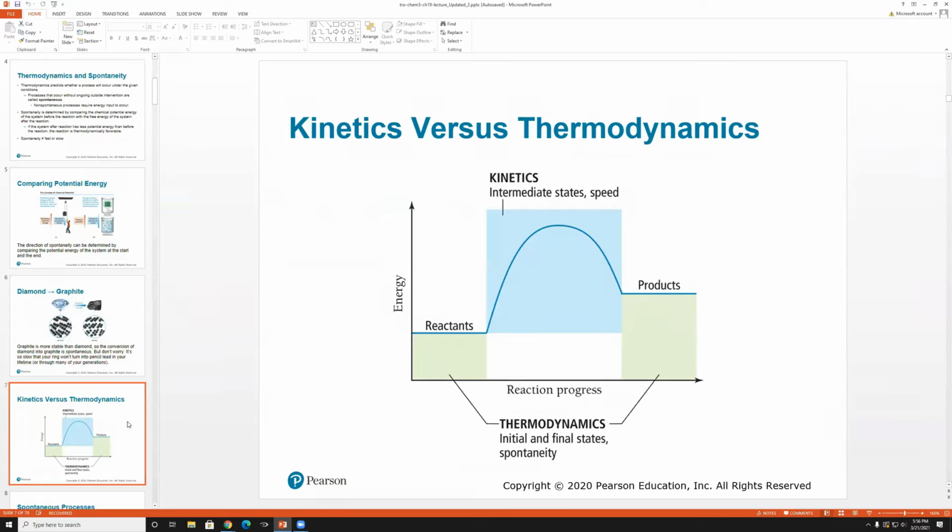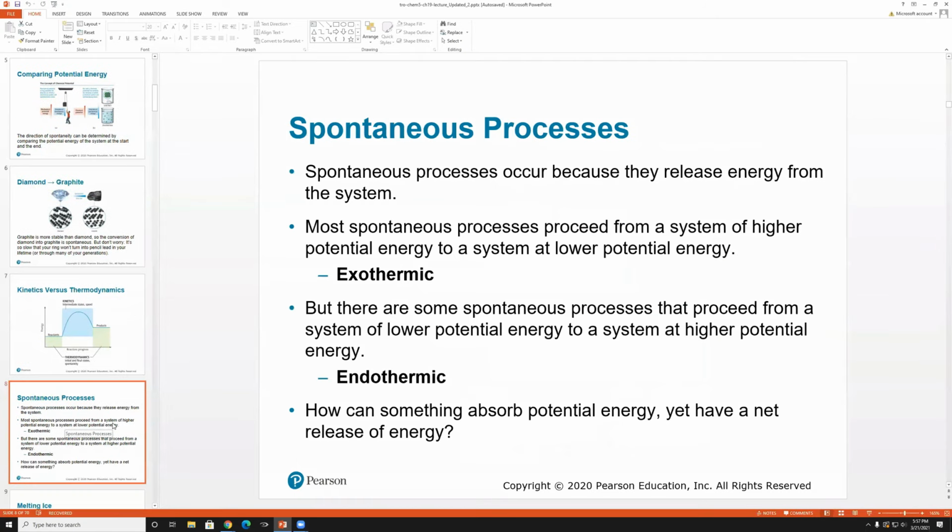The difference between kinetics, which we talked about in chapter 15, where we discussed speed and rates of reaction, and thermodynamics is that in thermodynamics we only talk about the initial and final state, because energy is a state function. We only care about the beginning and the end, not exactly how we get there. There are two types of reactions in terms of energy: exothermic and endothermic.